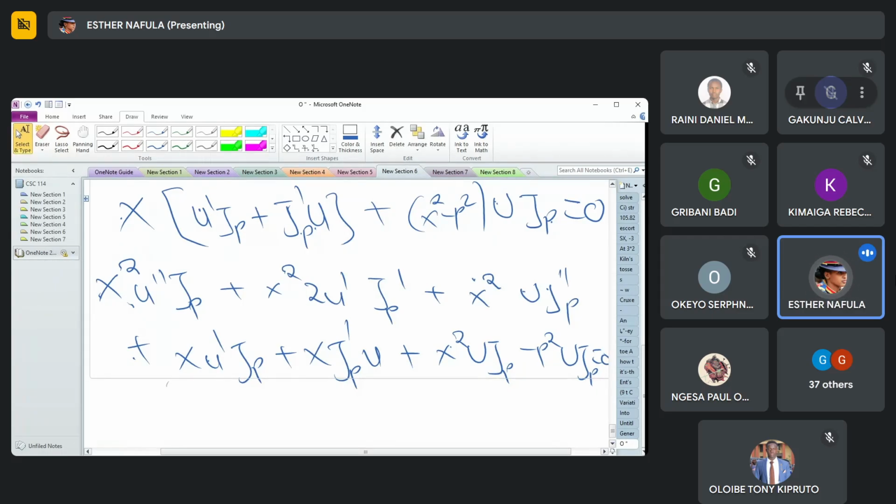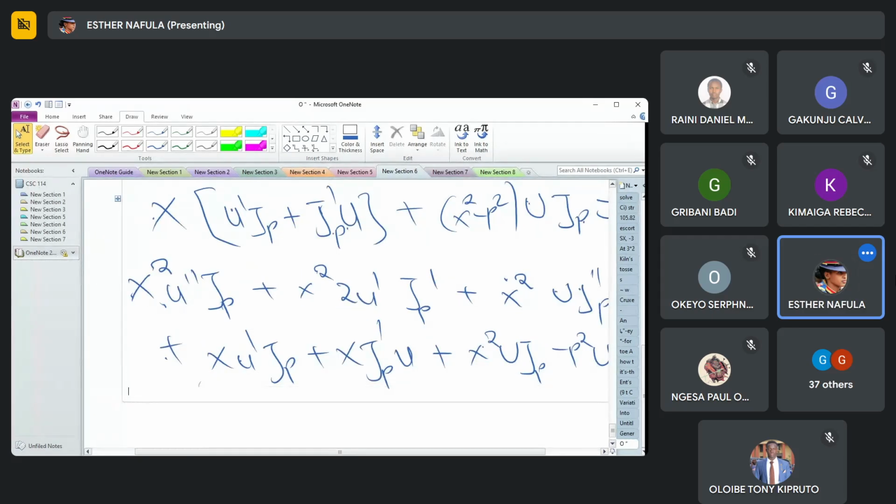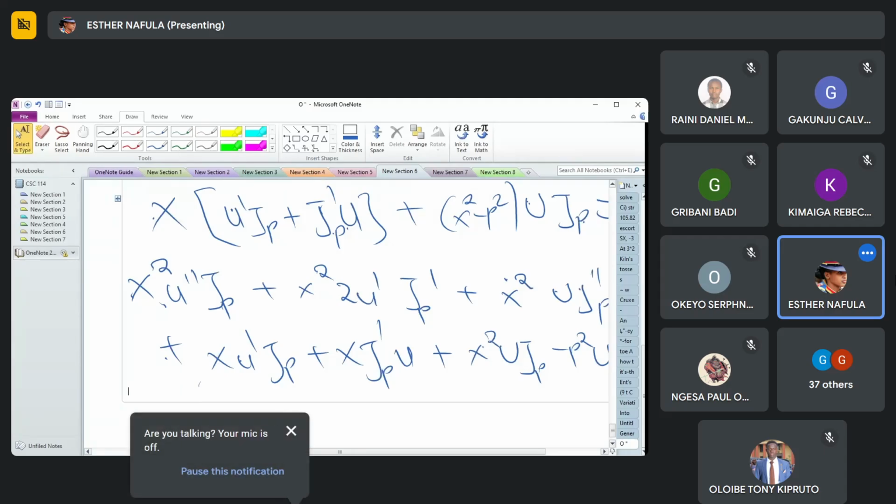Let's combine terms with j double prime, j prime, and then j. If you extract those three terms, what do you have? We want to isolate those terms because jp is a solution to the differential equation.